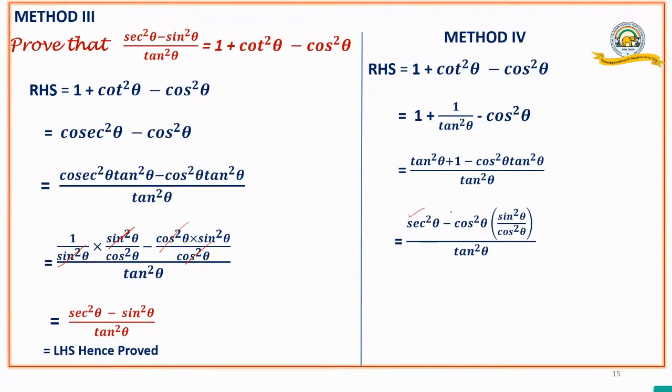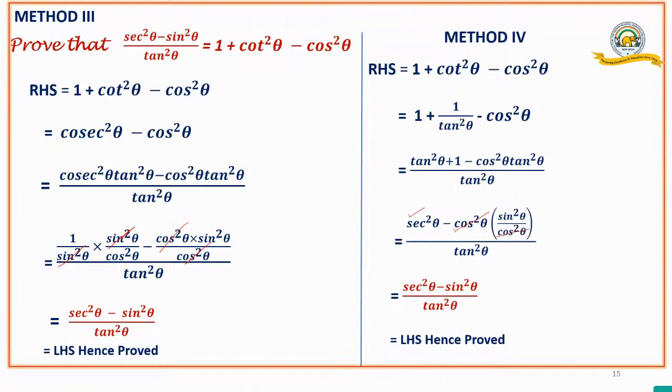Again, you know this. And cos square theta into tan square theta, we have sine square theta by cos square theta times cos square theta, and cos square theta cancels off. You get sine square theta. So therefore, what are we getting? Sec square theta minus sine square theta upon tan square theta, which is your left hand side.